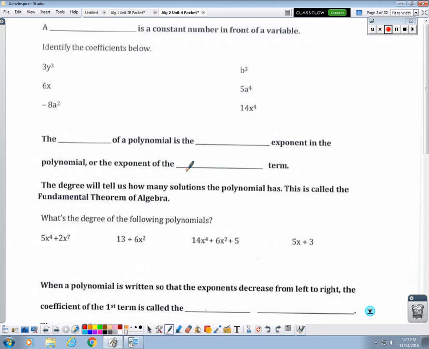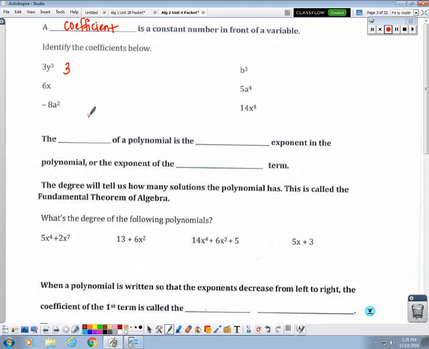All right, now we're going to start talking about coefficients. A coefficient is a constant number in front of a variable. Identify the coefficients below. Okay, so if the coefficient is the number in front of the variable, what is the coefficient of 3y cubed? 3.